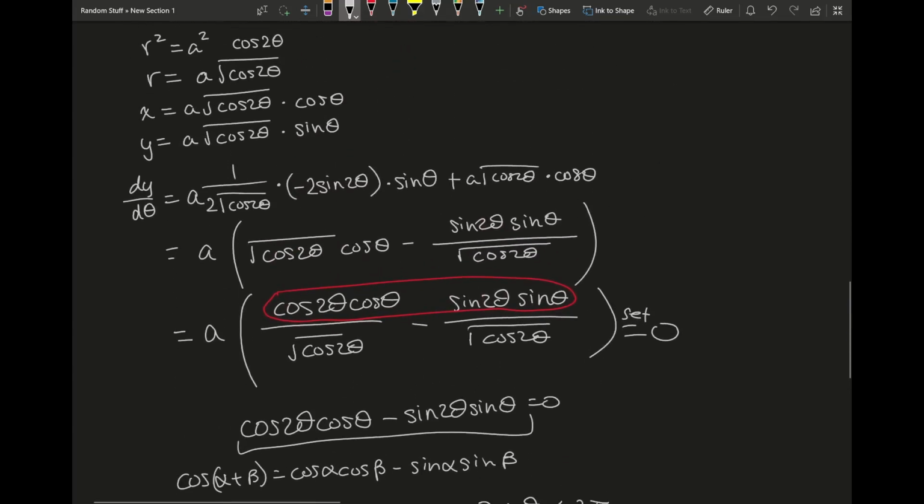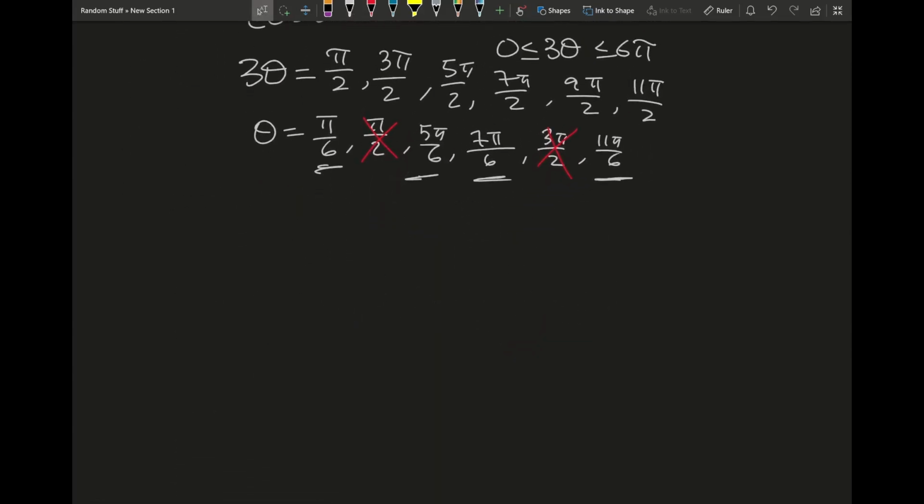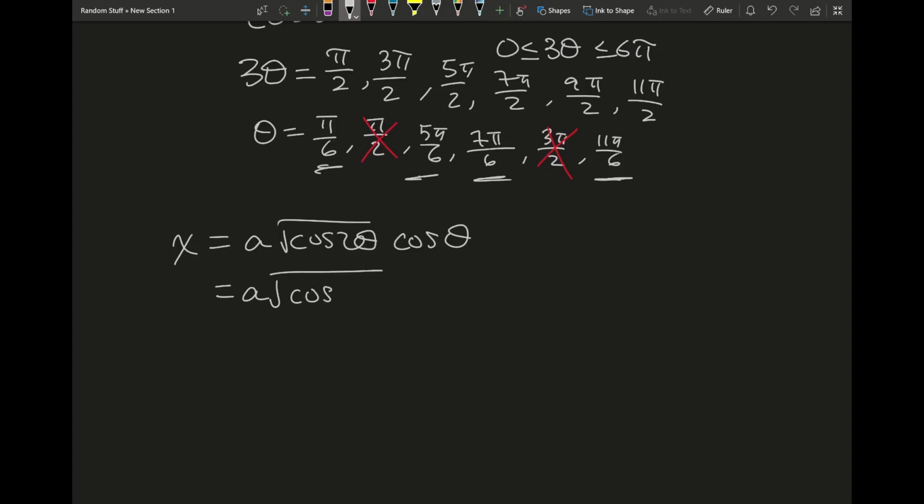So at these angles is when it's the turning point. We can plug those back in to x equals a square root of cosine 2 theta cosine theta. So x is going to be a square root of cosine of pi over 3 times cosine of pi over 6, which is, what's this, 1/2, so square root of 1 over 2 times square root of 3 over 2.